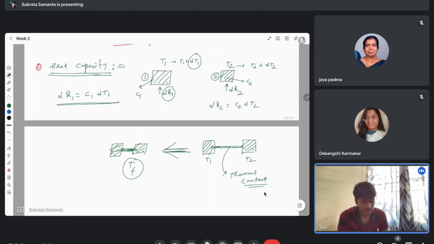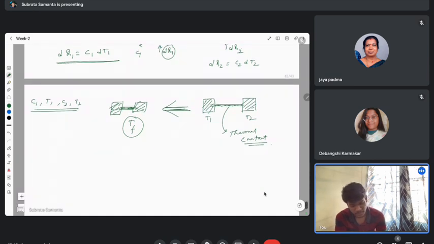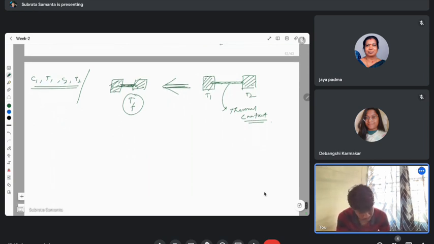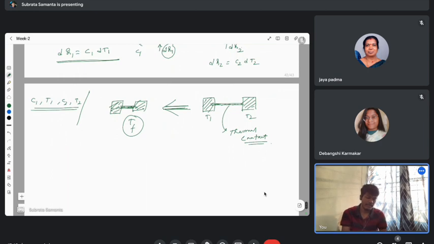Once we know C1, T1, C2, T2, these are the inputs, and we calculate the final temperature. How do we calculate it? Any idea?